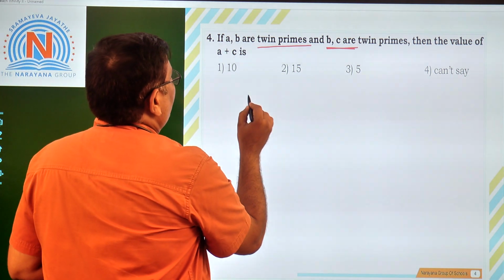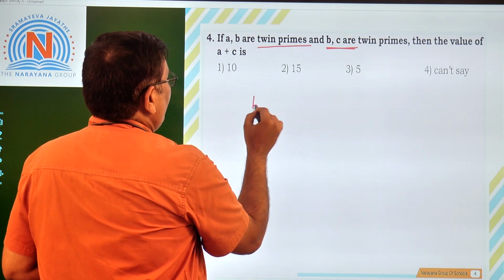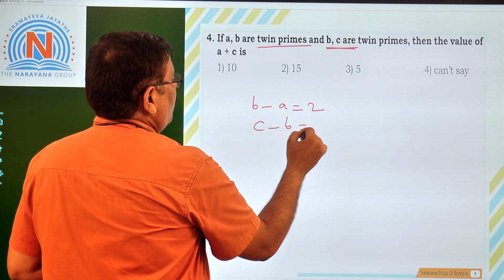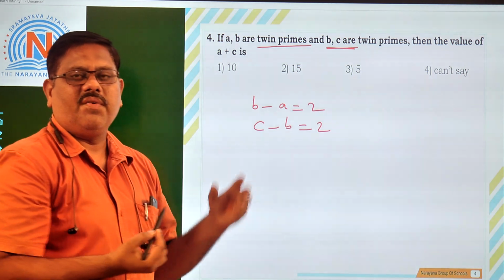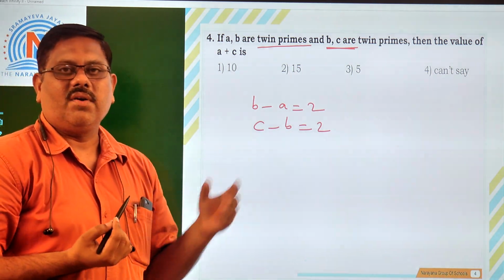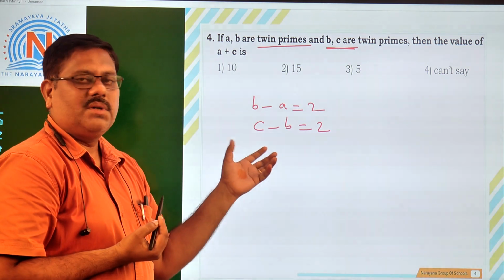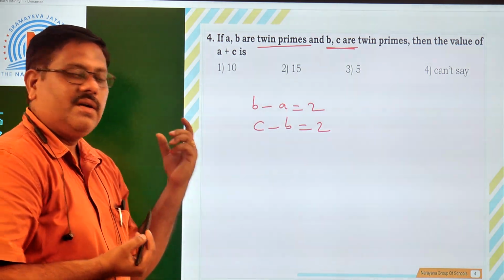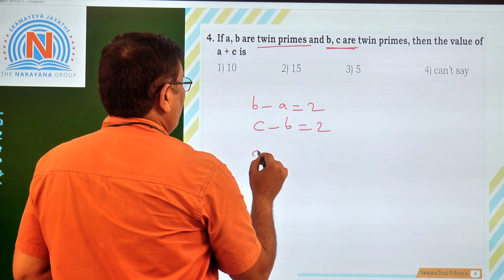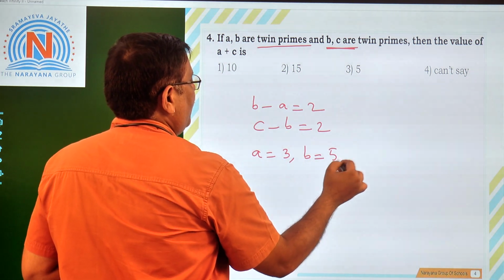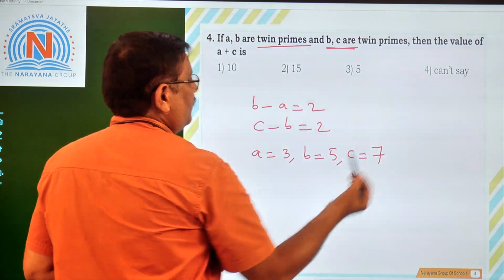Now according to the given, we have b minus a is equal to 2 and c minus b is equal to 2. If you observe the number system, if you observe the prime numbers, the possible prime numbers satisfying this condition are a is equal to 3, b is equal to 5, c is equal to 7.